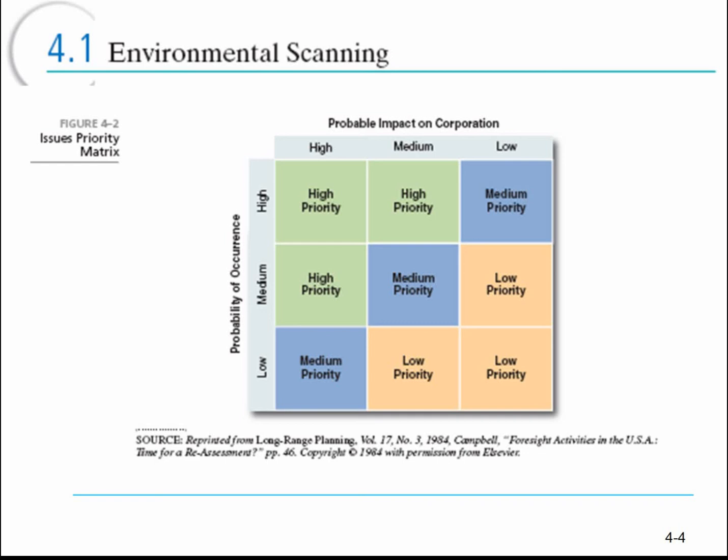It's not going to affect the software components that are on the operating system or the other hardware within the laptop. So it may have a medium effect to the organization or quite possibly a low effect. So let's go with a medium impact on the corporation, and let's say the probability of occurrence is pretty high. So that puts us right in that quadrant of high priority. So this is something that we definitely should be keeping our eye on as an organization and building strategies to help us deal with it when that technology comes online.